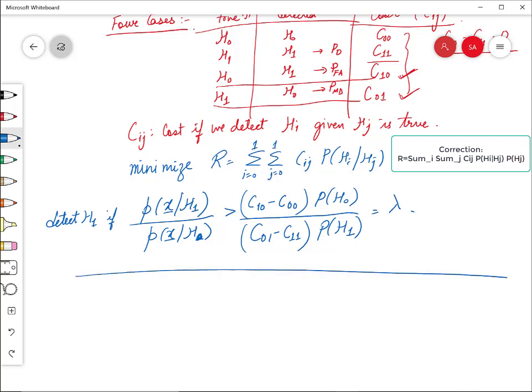So this is how we are going to detect using the Bayes risk function. If we have a general weighted cost function for the two hypothesis scenarios, then we use the general Bayes function and we detect using this particular expression here.